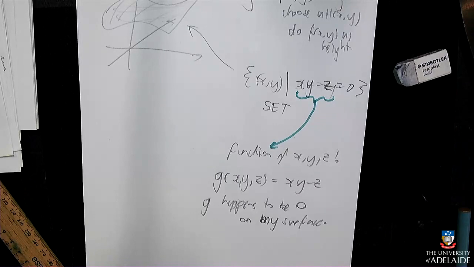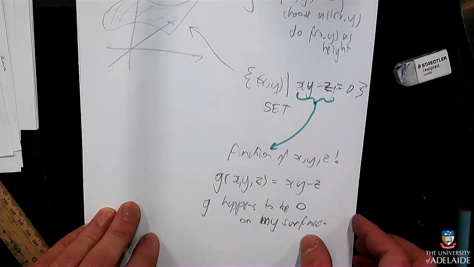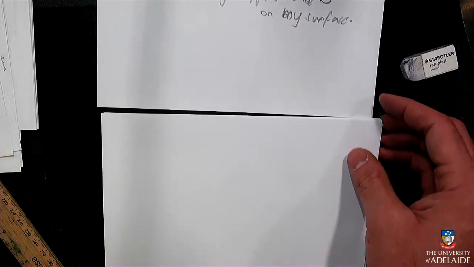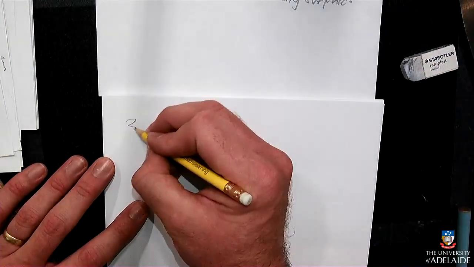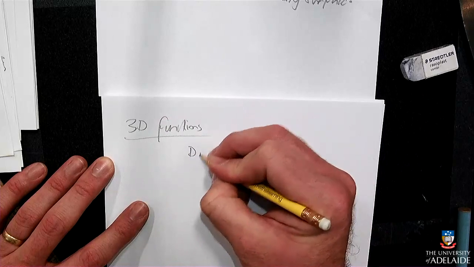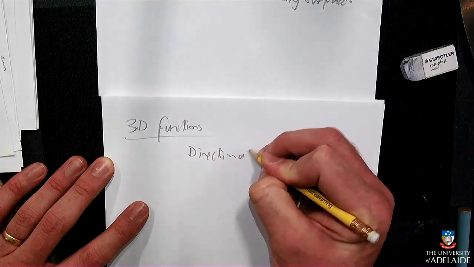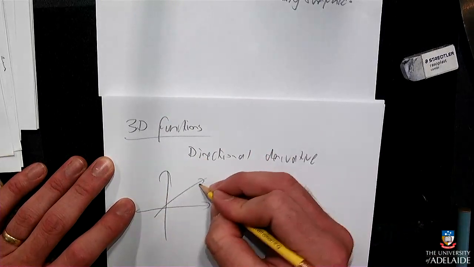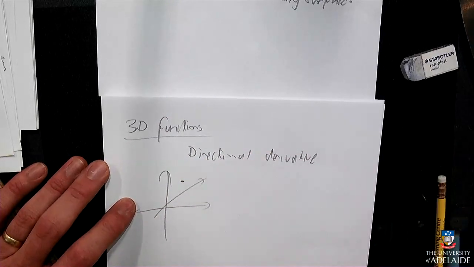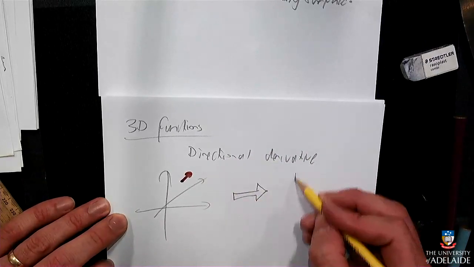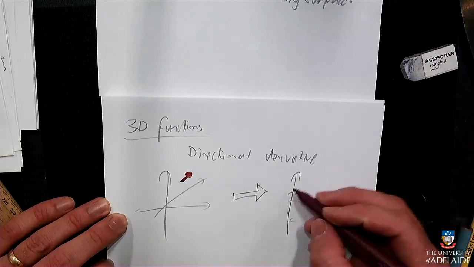That's a good question. When I analysed 2D functions, I noticed that there was a thing called a directional derivative. So if I move in 3D a certain distance, then that causes the output to move a certain way.